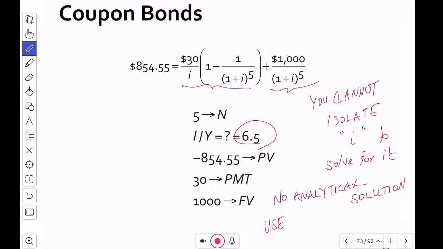Manual calculations and the capability of doing them is important, but sometimes you can't. So use your finance calculator or Excel.